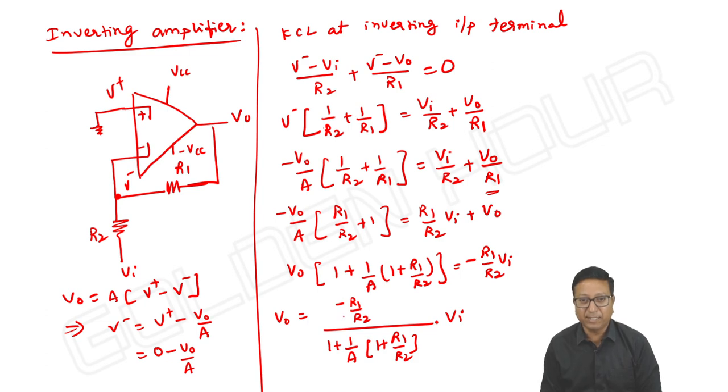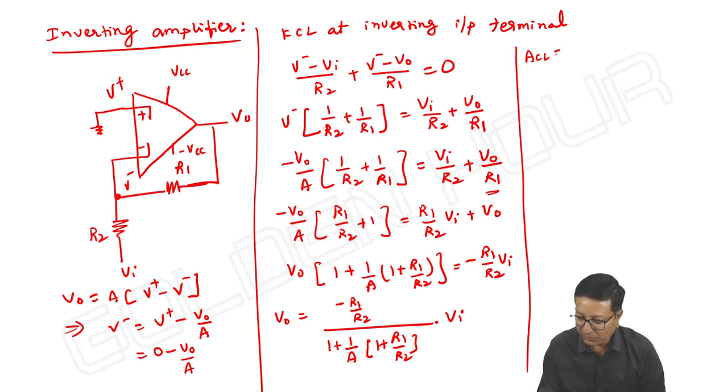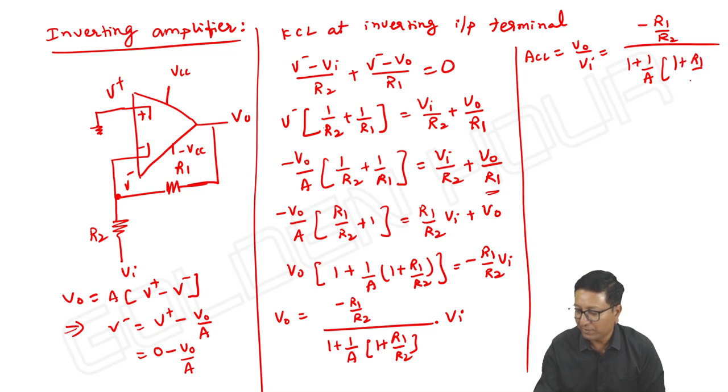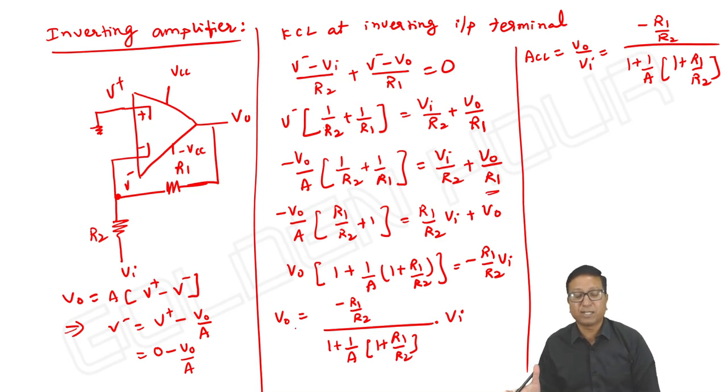In the earlier case, in the numerator we got 1 plus R1 by R2; now we are getting minus R1 by R2 in the numerator. And what about the closed loop gain? The closed loop gain is V output by Vi, which is minus R1 by R2 divided by 1 plus 1 by A into 1 plus R1 by R2. That's it. This formula is looking really horrible. The analysis is simple nodal analysis only, but the equations look a bit clumsy and difficult to remember.